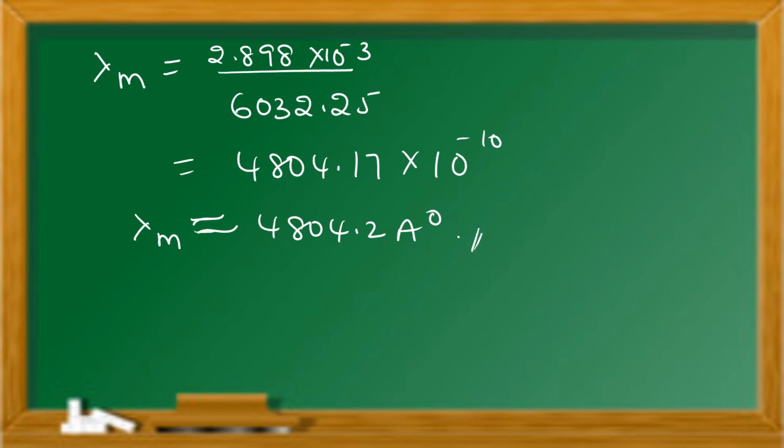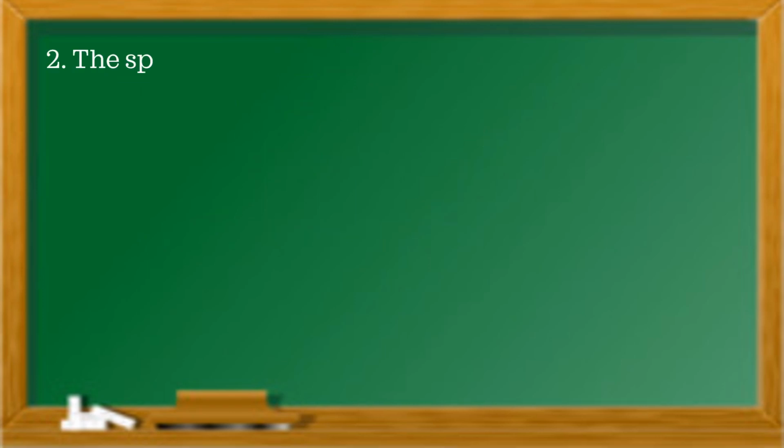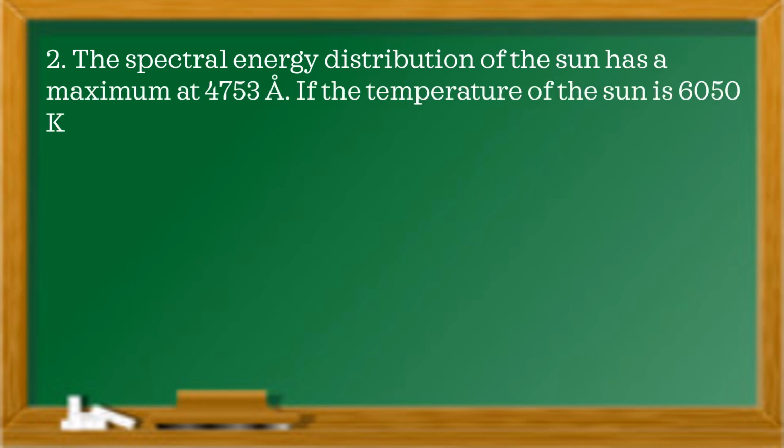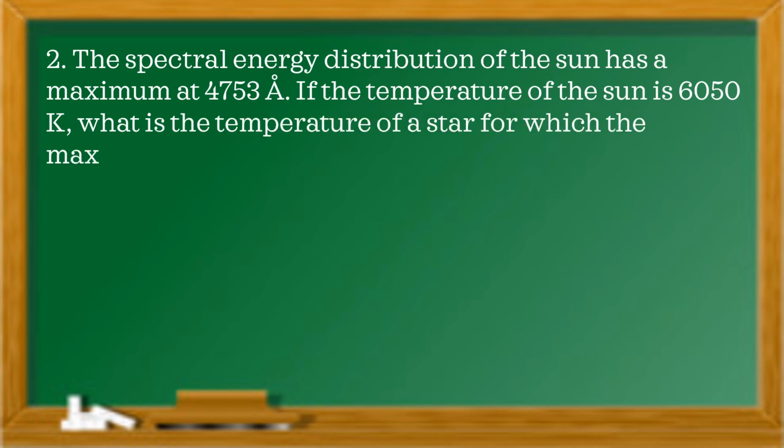Next we will go to the second question. The spectral energy distribution of the sun has a maximum at 4753 Angstroms. If the temperature of the sun is 6050 Kelvin, what is the temperature of a star for which the maximum is at 9506 Angstrom units?